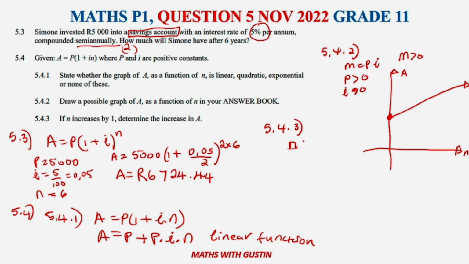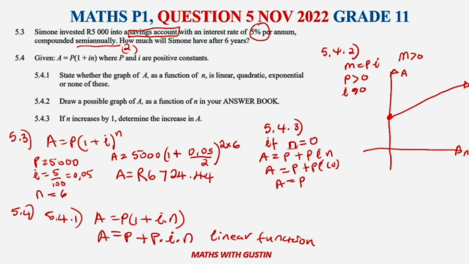If n was equal to 0, then our equation is P plus P i n. So n is equal to 0, therefore A is just going to be equal to P plus i times 0. So therefore A is equal to P.